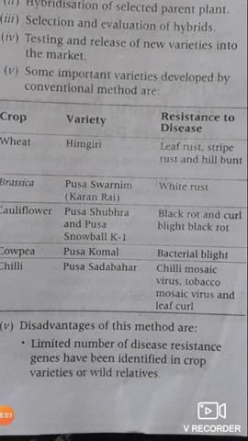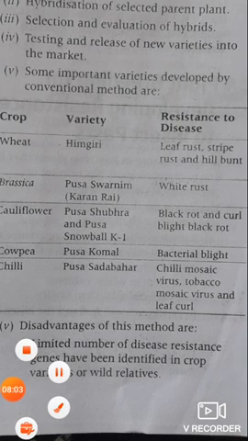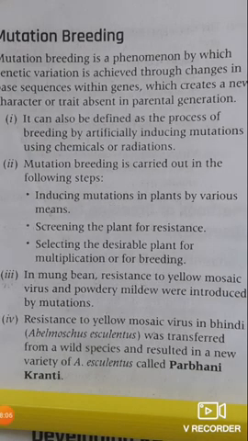There is another mechanism, that is mutation breeding. In mutation breeding, genetic variation is achieved through changes in the base sequences within the genes, which creates a new character or trait absent in the parental generation.